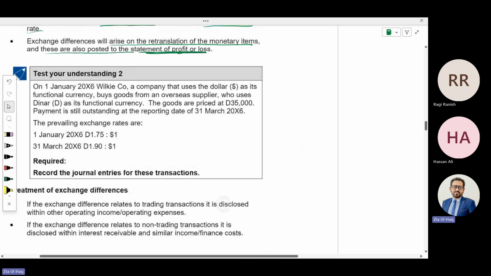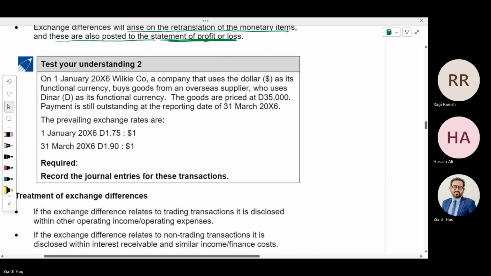Test your understanding. On 1st January 20x6, Wilkie Company, a company that uses the dollar as its functional currency, buys goods from an overseas supplier who uses dinar as its functional currency.